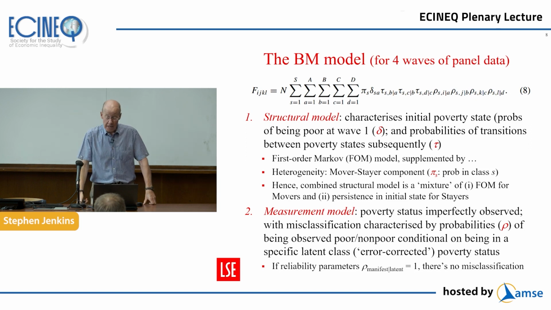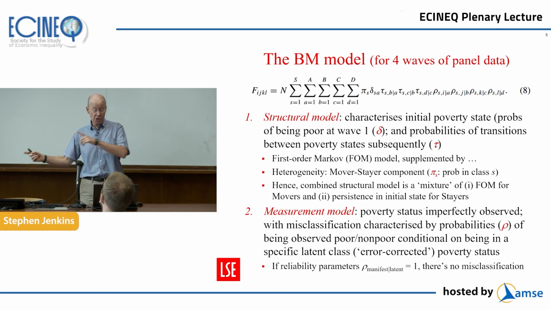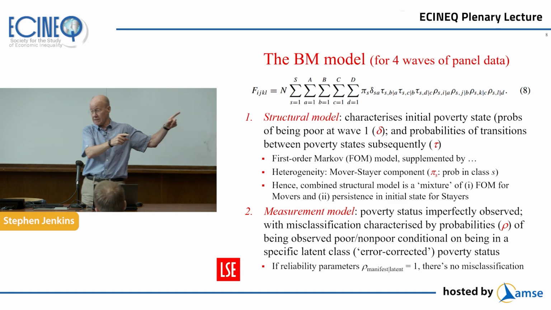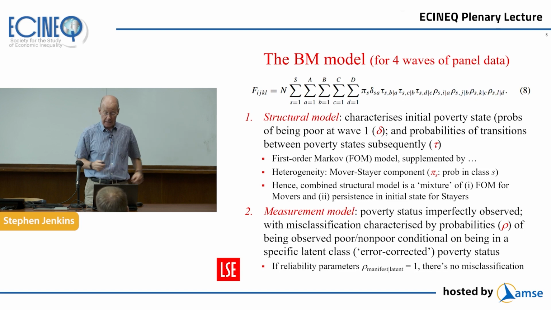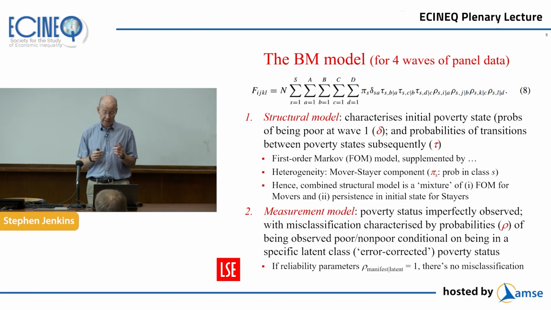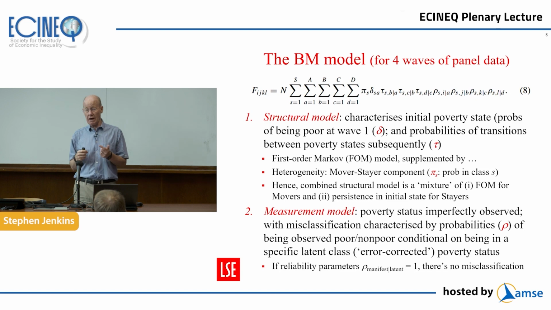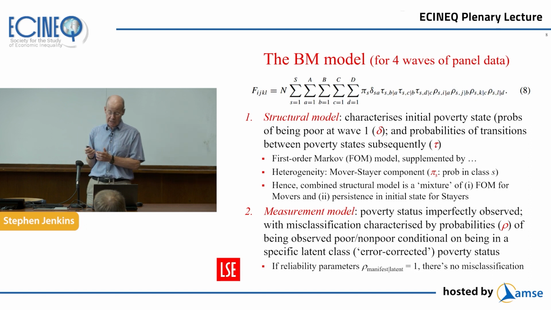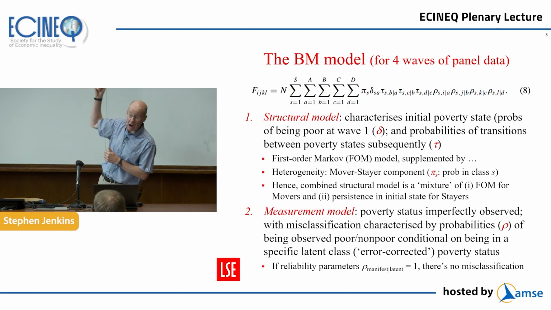The deltas. And then there are the probabilities of transition between poverty states subsequently. Those are the taus. And you can see they're up there too, but they're also conditioned, as we shall see. So it's a first-order Markov model, but it's also supplemented by allowing for unobserved heterogeneity, and that's of a particular form, very popular in this area, called a mover-stayer form that I'll come back to. And those are related to the probabilities pi.